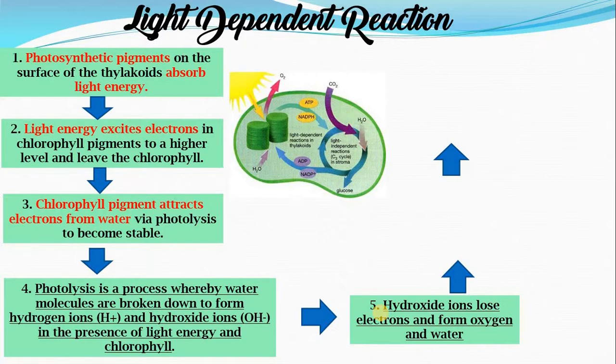The hydroxyl groups will combine with each other and form oxygen and water. So that's how the oxygen forms. I repeat, the hydroxide ion loses the electron and forms a hydroxyl group, and these hydroxyl groups combine with each other and form oxygen and water.